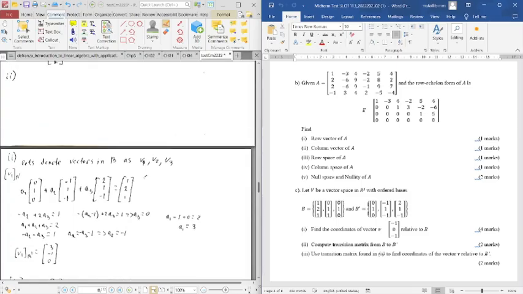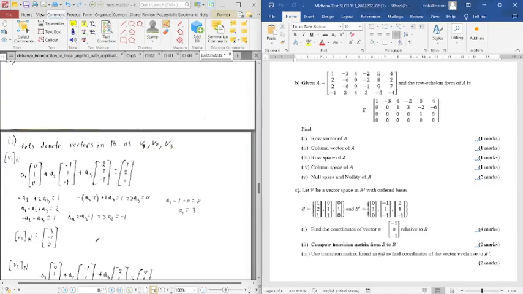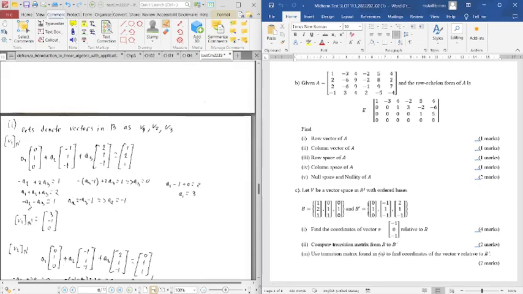A1 times the first vector in B prime plus A2 times the second vector in B prime plus A3 times the third vector in B prime equals, since we are on the first vector in B, 1, 2, and 1. We calculate it the same as we did in the first question. When we calculate, we get this vector: the coordinates of V1 relative to B prime are 3, -1, and 0.